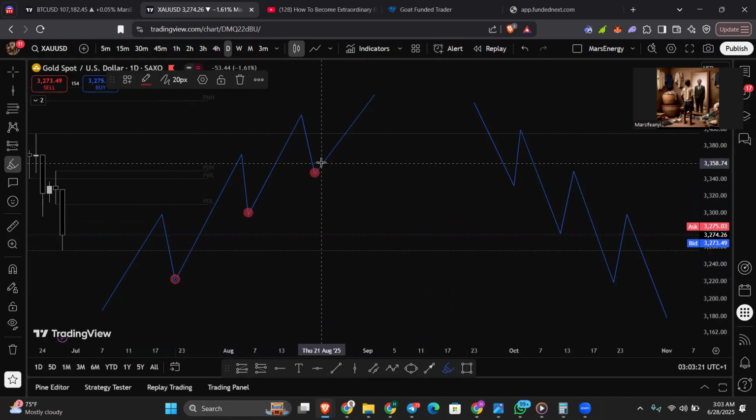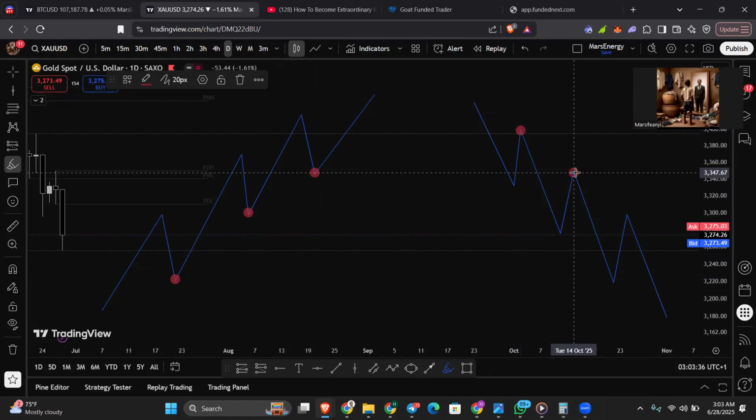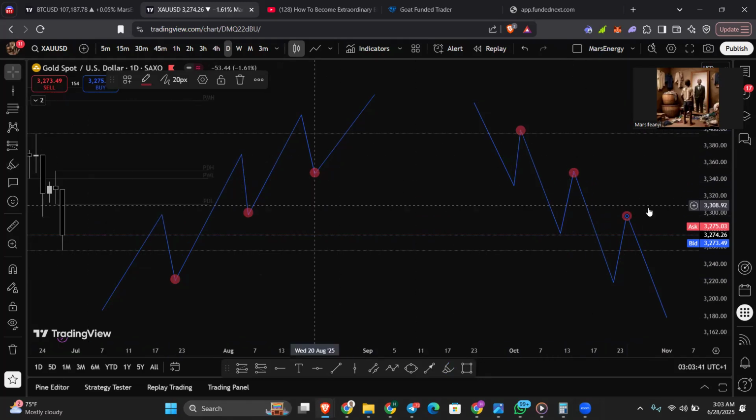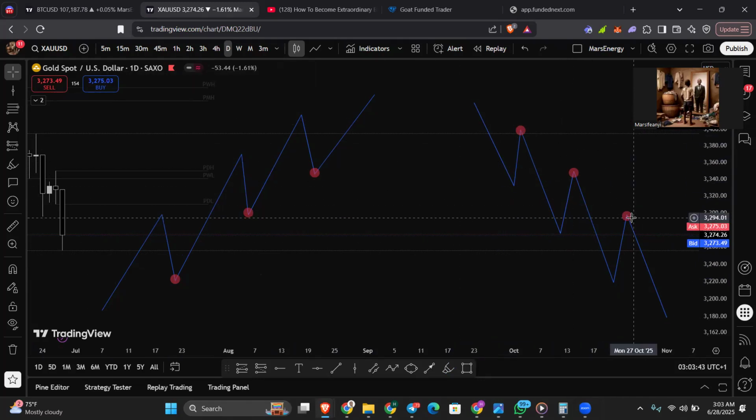As long as the bottoms are higher than each other, the profile is bullish. For the bearish profile, what constitutes it are the tops. As long as the tops are lower than each other, the profile is bearish.